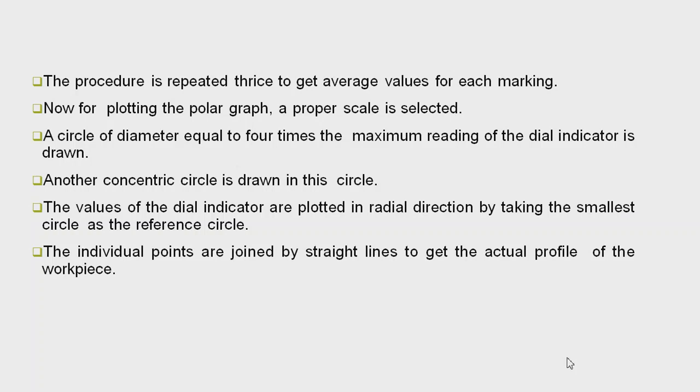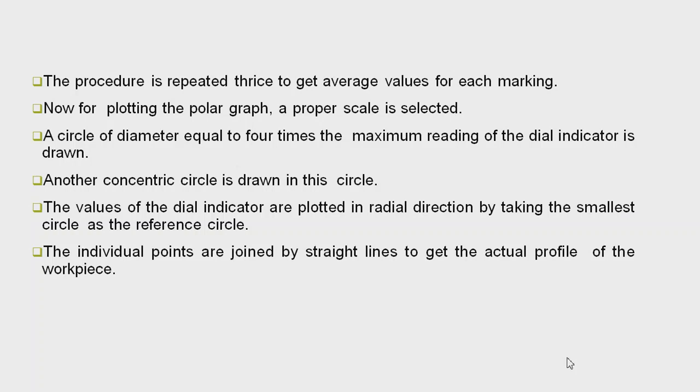Now for plotting the polar graph, a proper scale is selected. Then a circle of diameter equal to 4 times the maximum reading of the dial indicator is drawn. It is done because we are assuming that the error is not more than 4 times the value shown by the dial indicator. Another concentric circle is drawn in this circle, as shown in the figure.